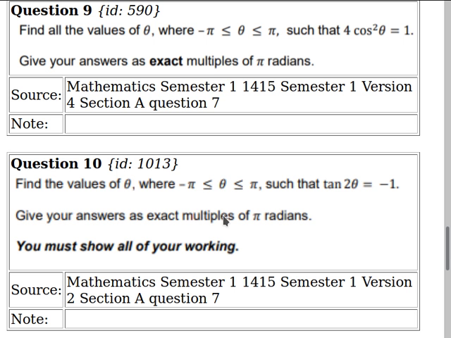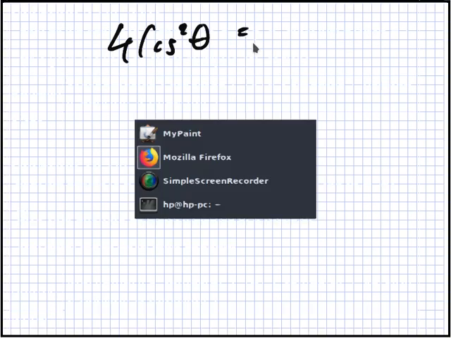Okay, have you got 9 done now? So you have 4 cos squared theta equals 1.